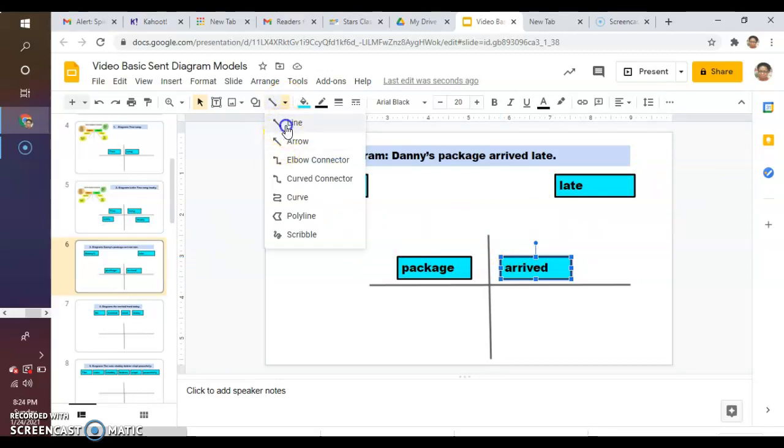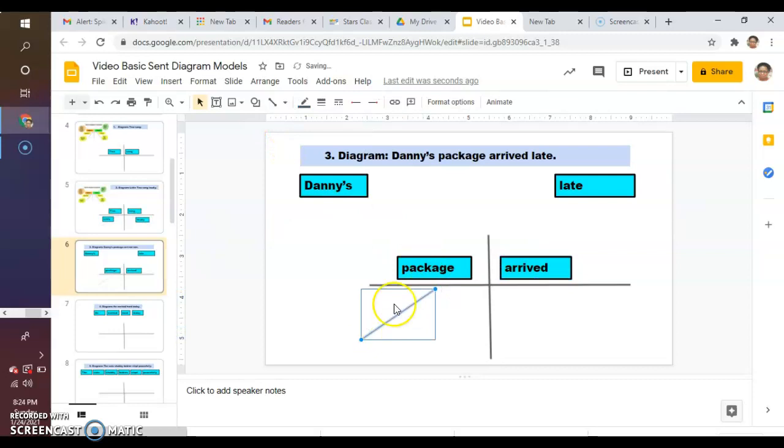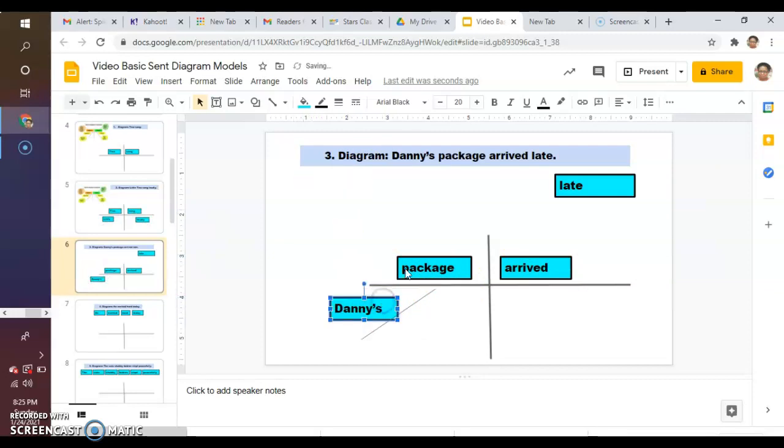So let's do I'll get our line for this modifier. Is Danny telling you about the package or about the arrival? It's telling you whose package. So Danny goes here because it's telling you whose package, so it's modifying package.